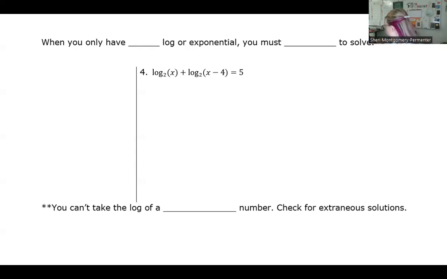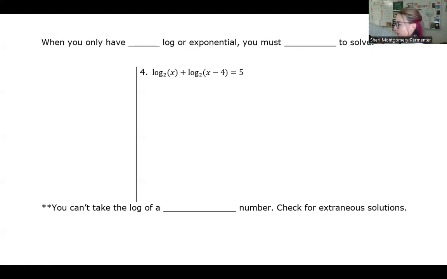Next, we're going to talk about other types of solving. So onto the back. When you only have one log or exponential, because when we do 1 to 1, you have two of them, one on each side.